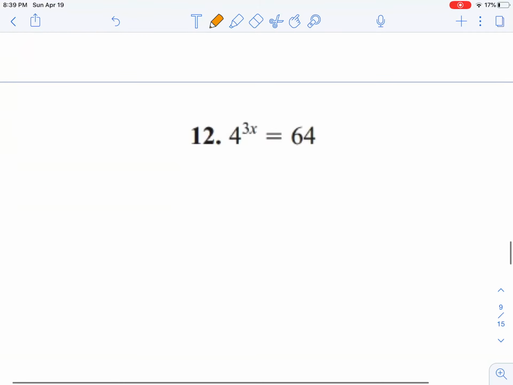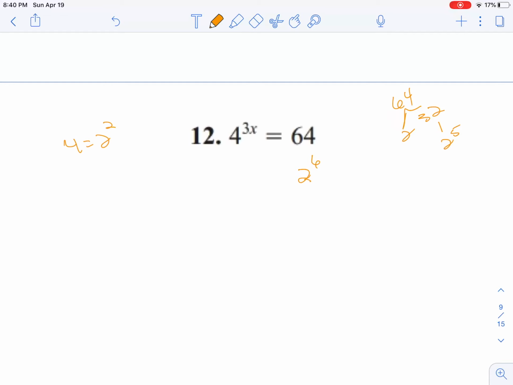Let's try one. Number 12. We have 4 to the 3x and 64. All right, well, 64 is 2 times 32. Wow, this is 2 to the 5th, right? So therefore, 64 is 2 to the 6th power. 4 is 2 squared.